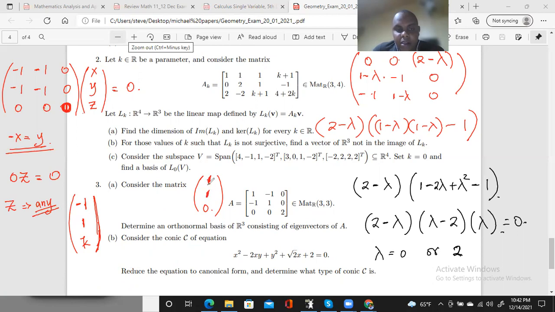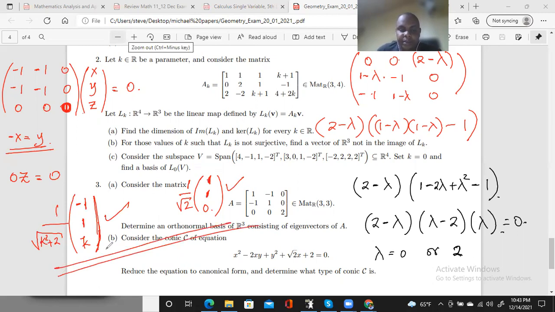The length of this vector is square root of 2, so multiply by 1 over square root of 2, and it becomes length 1. Okay. And then the length of this other vector is square root of 1 plus 1 plus k squared, so it's going to be 1 over the square root of k squared plus 2. And so this is orthonormal.